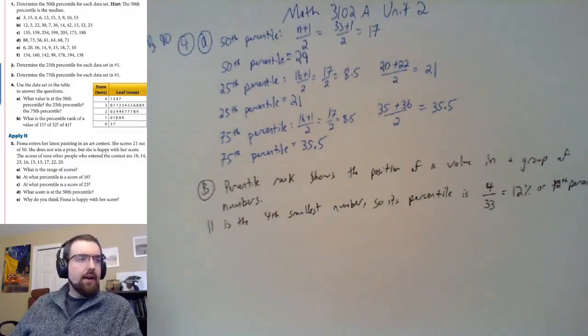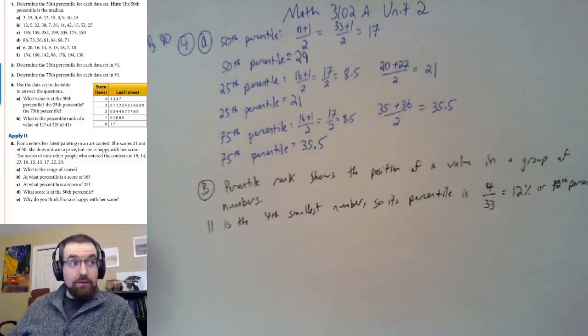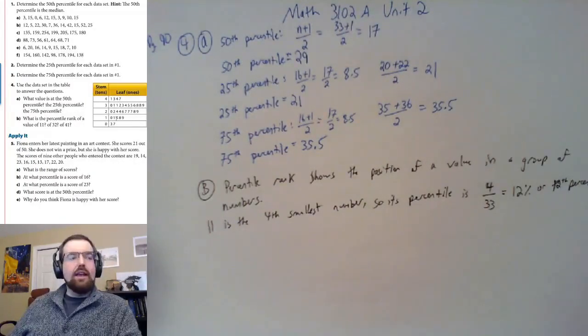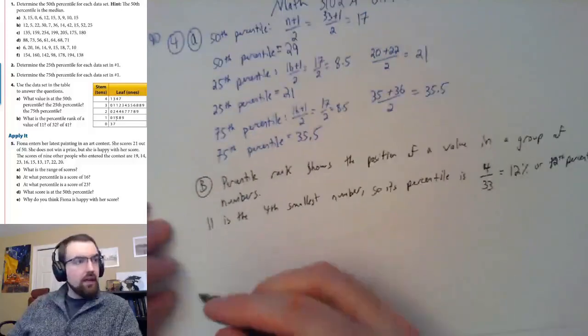It could be a really hard test, and the 80th percentile could be like 60 or 65. Could be a really easy test, and the 80th percentile might be 95. It doesn't mean anything about what the actual grade or value is. What it means is it's higher than 80% of the other scores, lower than 20% of the other scores.